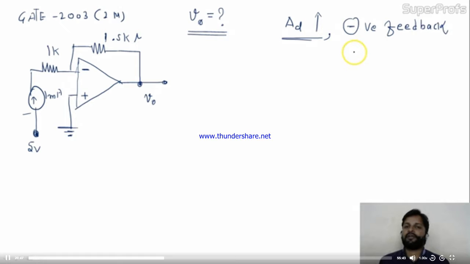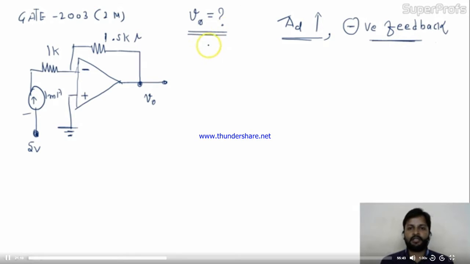In negative feedback, V1 is almost equal to V2. So two conditions should be there, you have to check. AD should be very high and the op-amp should be fed back by negative feedback.